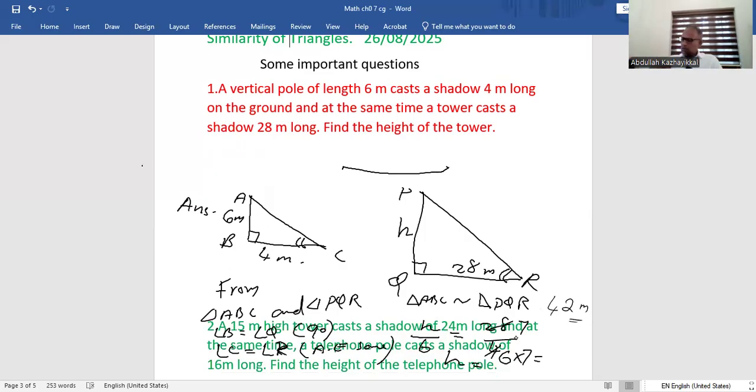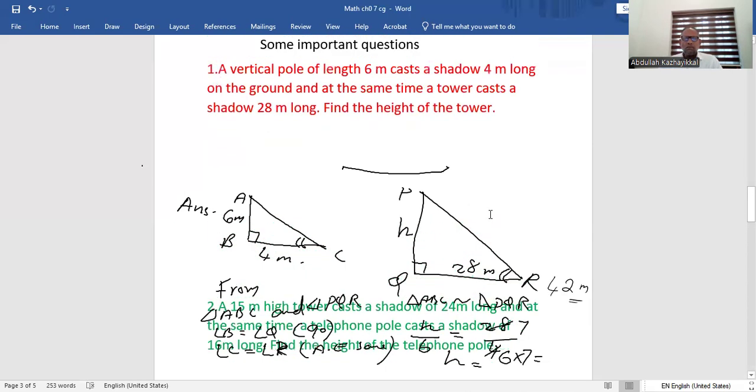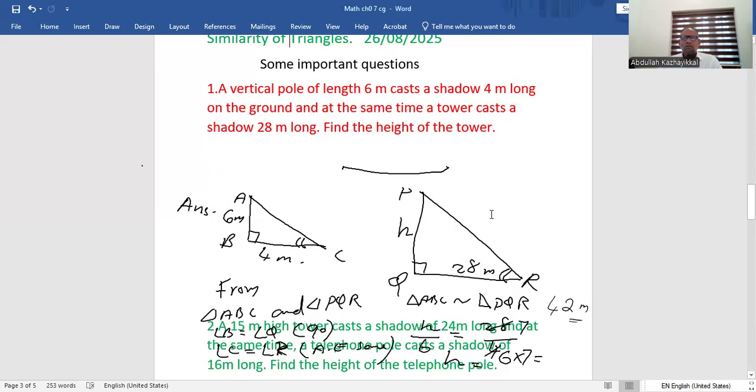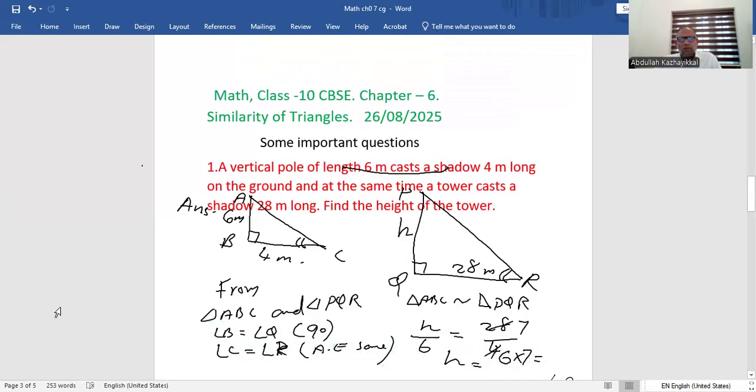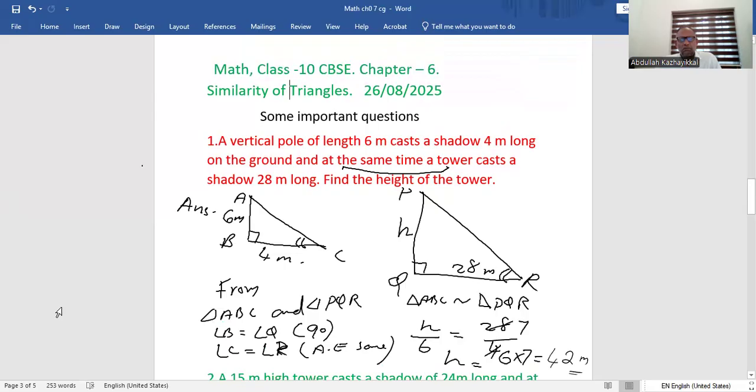I think you understood. Any doubt, please ask me. If anybody has any doubt, please ask. Clear? Please look at this one. So now check the second question. I think it is almost the same.